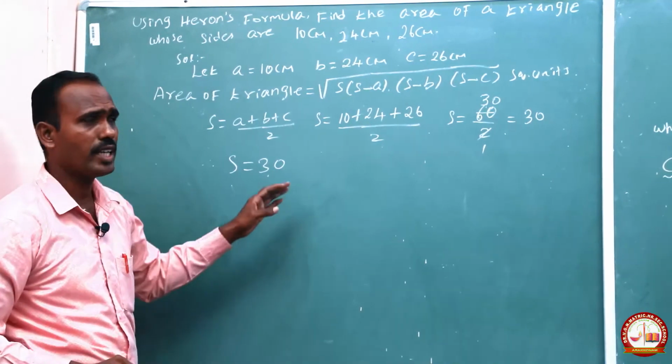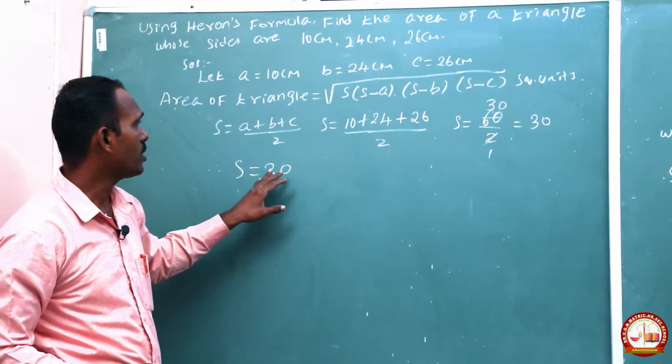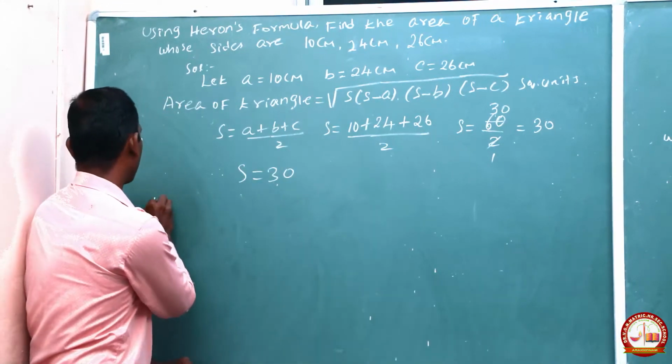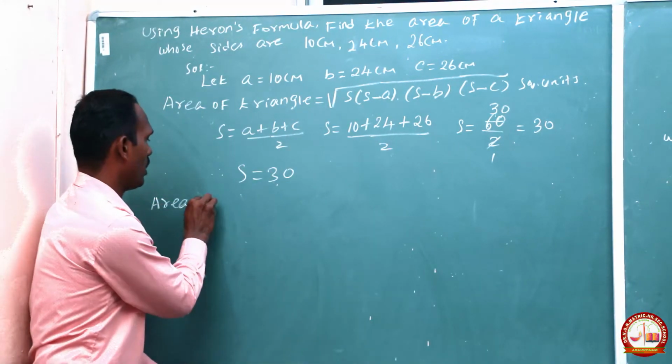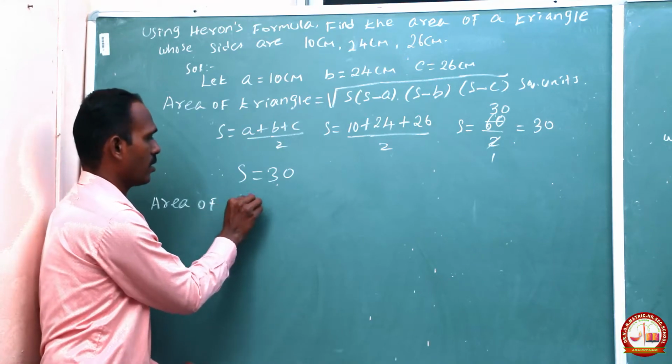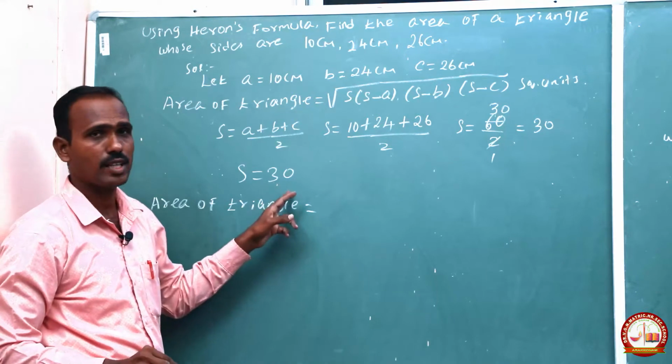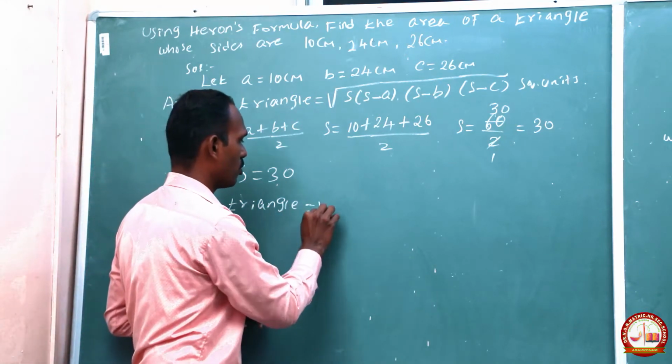Now s equals 30, we substitute in the area of triangle formula. Area of triangle equals root of, we substitute the s value.